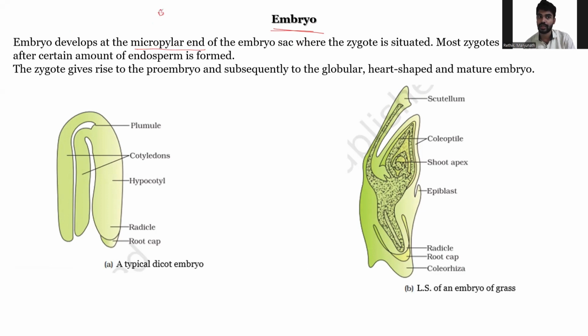From that micropyle region, the embryo starts developing, where exactly the zygote is situated. Most zygotes divide only after a certain amount of endosperm is formed. Why? Because endosperm provides the essential nutrients for the development of the embryo. So when a certain amount of endosperm is formed, the embryo is going to get a sufficient amount of nutrients.